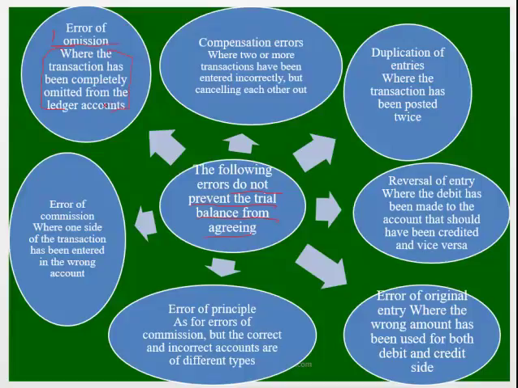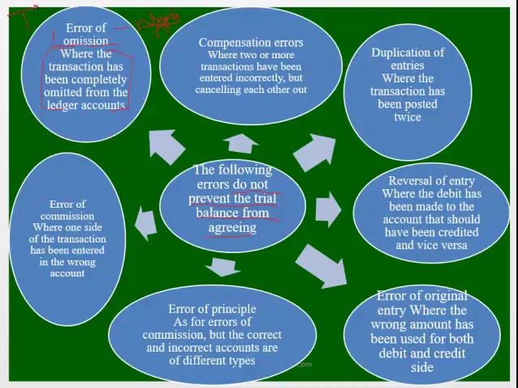For example, if we pay wages to a worker with cash, normally I should debit wages account and credit cash account, remember? But if I mistakenly omit this particular transaction, it won't affect the wages account.